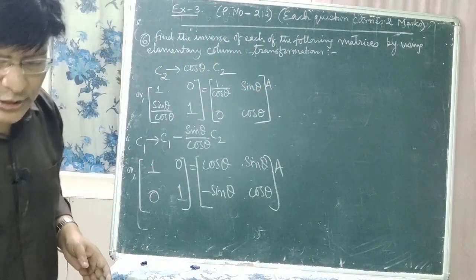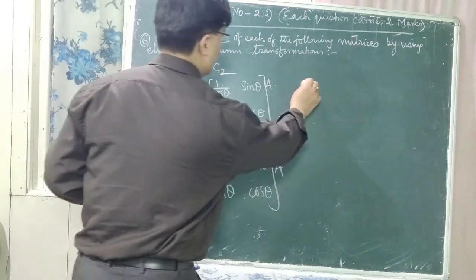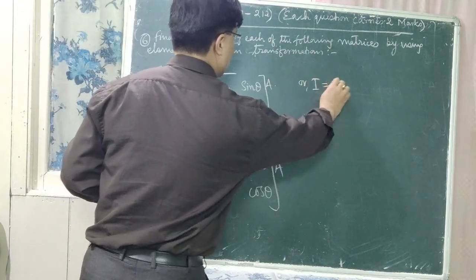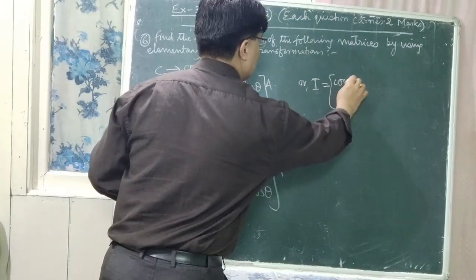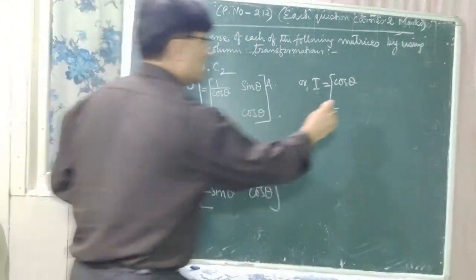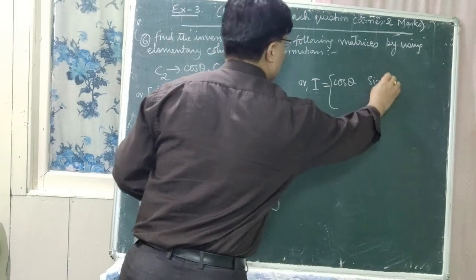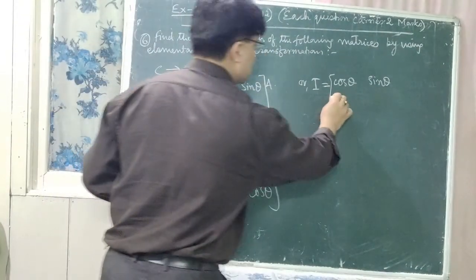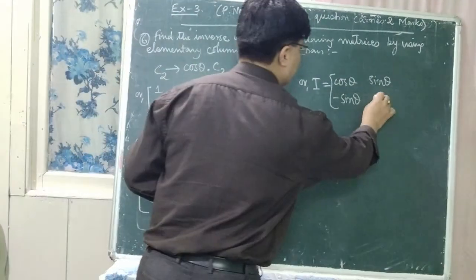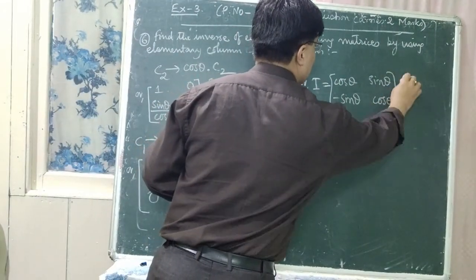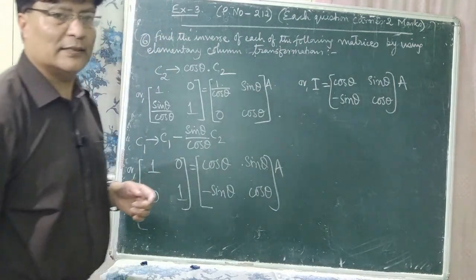Okay. So what is 1001? That is I. I is equal to this matrix, which remains the same, cos theta, then comes sine theta, then write minus sine theta, then cos theta, then write down A. Is that clear?